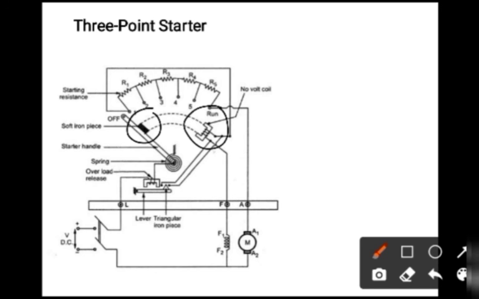So there may be a chance that the motor is disconnected from the supply and the handle comes to the rest position or off position. So this is the disadvantage of the 3-point starter.